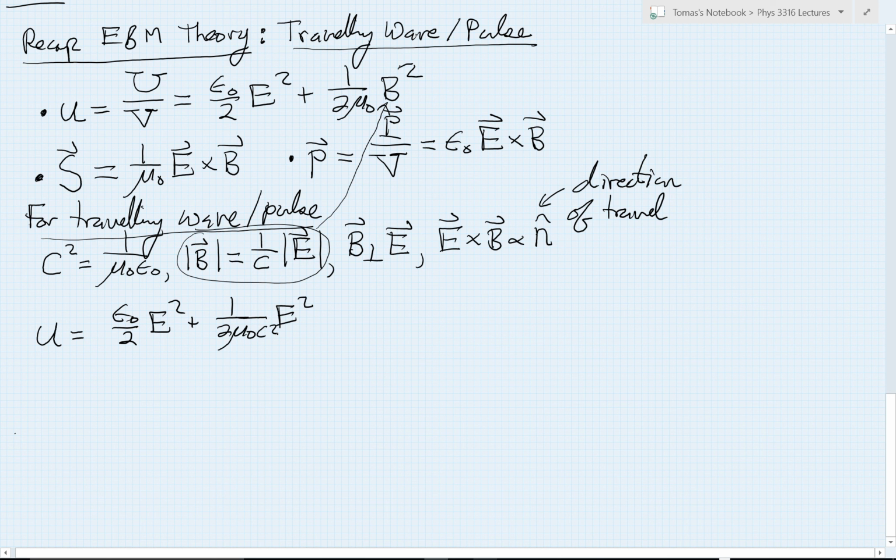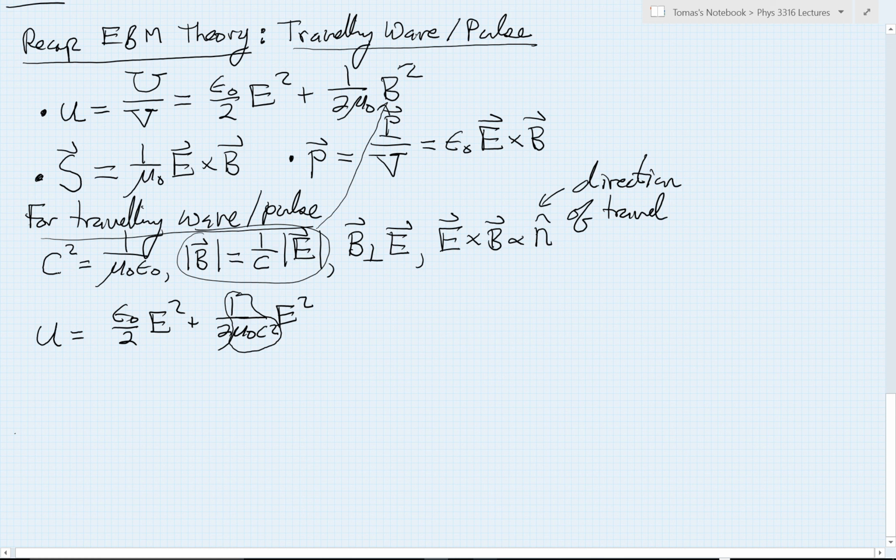But now look at this. This is kind of neat. This combination, 1 over mu naught c squared, has a very special value, because I could take this c squared and put it into my denominator, which would give me 1 over mu naught c squared. I can get what it equals by moving this mu naught to the other side of my equation, where it shows up on top.